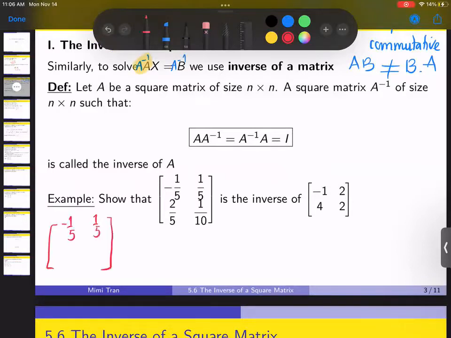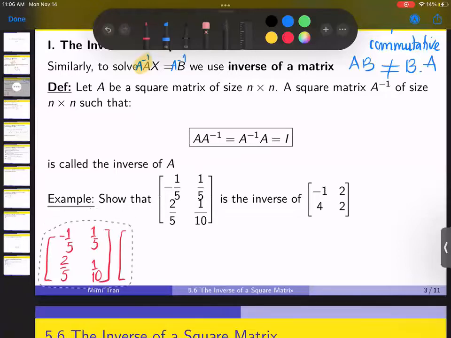Negative 1/5, 1/5, 2/5, 1/10, multiplied by negative 1, 2, 4, 2. I don't feel like doing this by hand, so I'm going to use Desmos matrix.